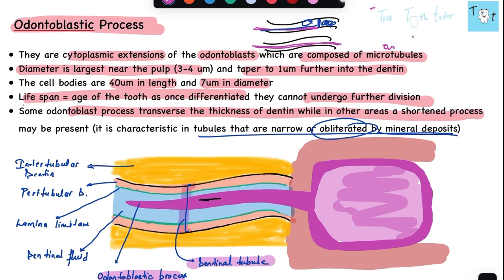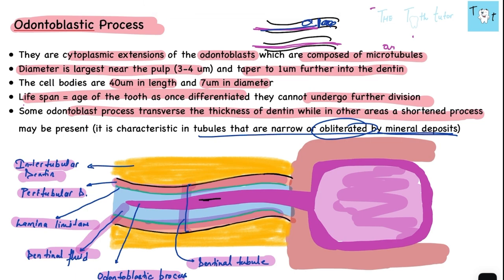Inside this you have the dentinal fluid, which surrounds the odontoblastic process. Surrounding the tubule, forming its border, is the peritubular dentin, and inside of the peritubular dentin it is covered by an organic membrane called the lamina limitans. We'll talk all about this later in this lecture. And the dentin between two dentinal tubules is the intertubular dentin.